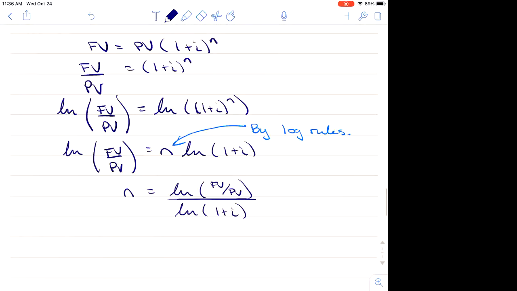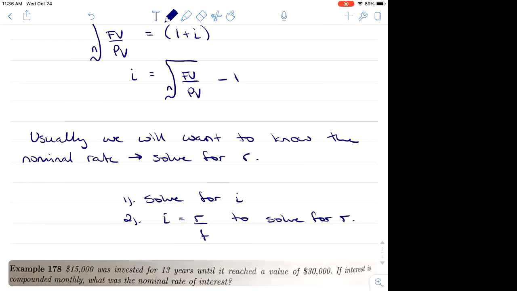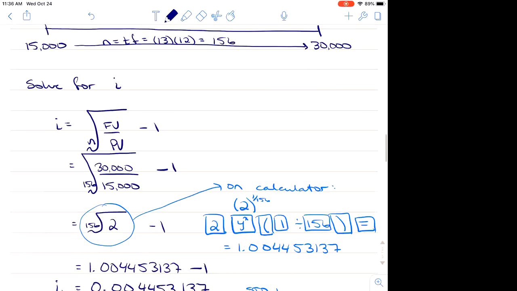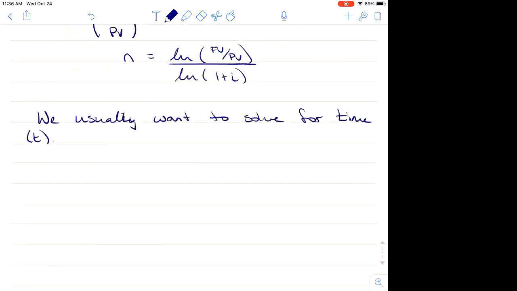Okay, so just like we said up here, instead of solving for n, we usually want to solve for time, t.